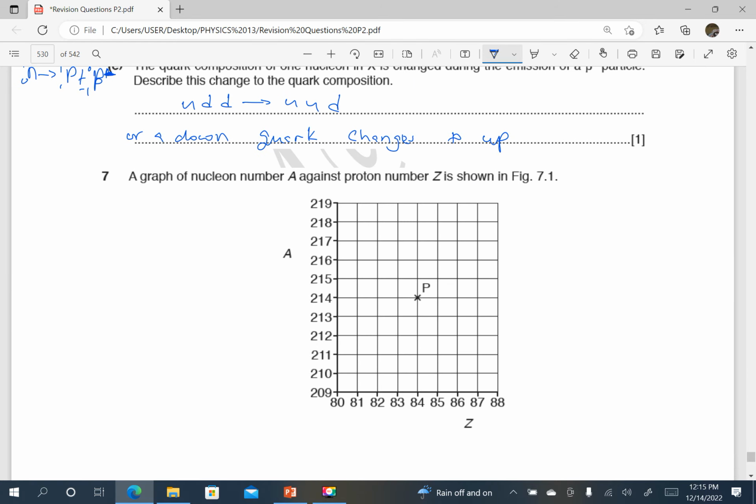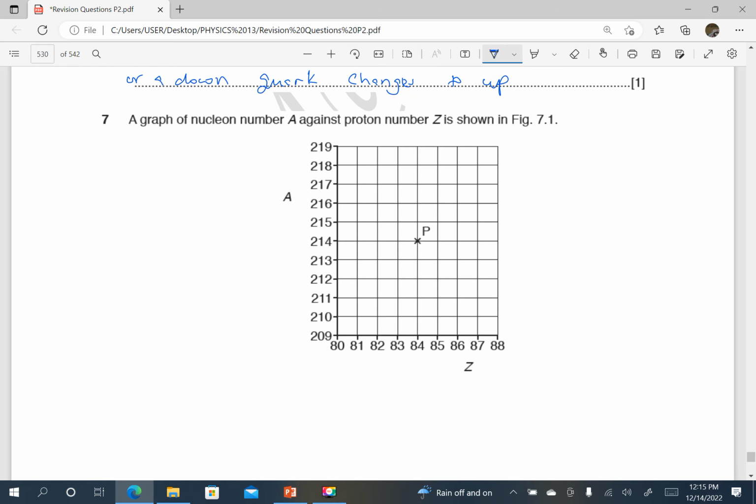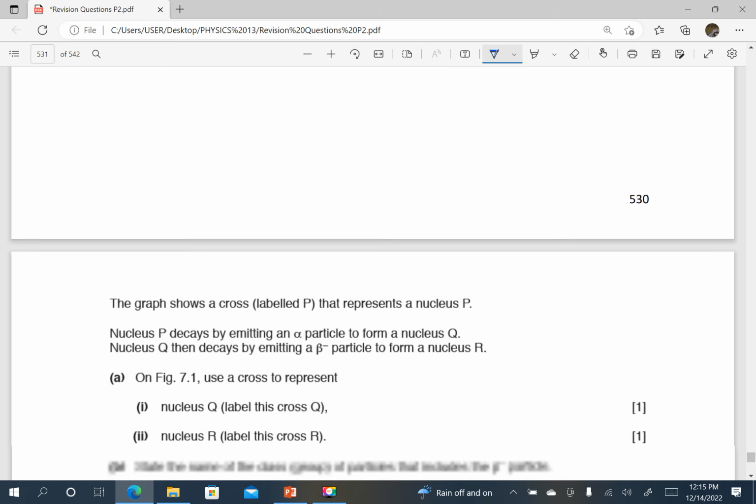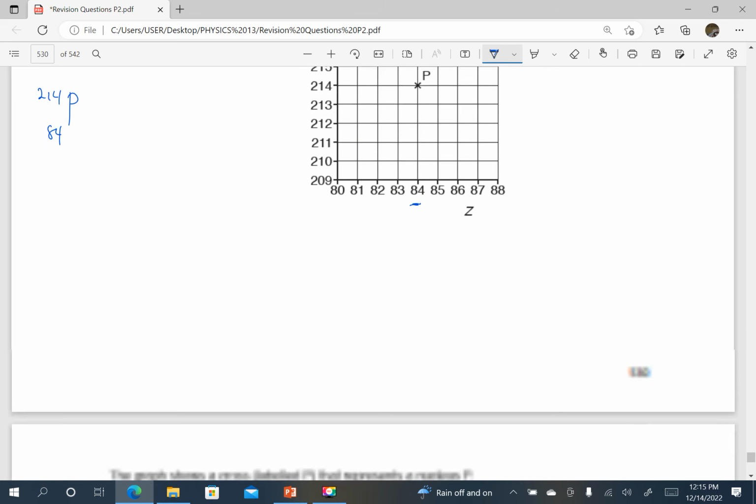A graph of nucleon number A against proton number Z is shown in the figure here. The graph shows a cross labeled P that represents a nucleus P. Let's first see P here. This is the proton number and this is the nucleon number. So P's proton number is 84, nucleon number is 214.